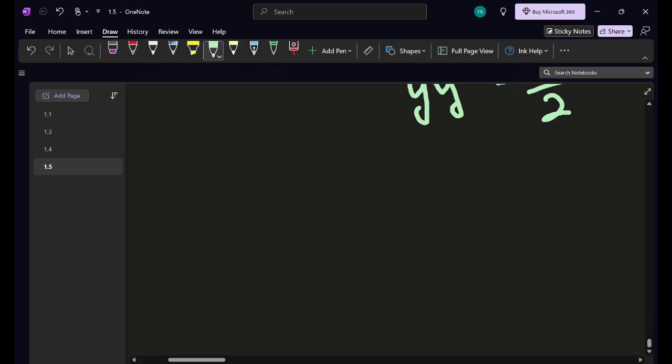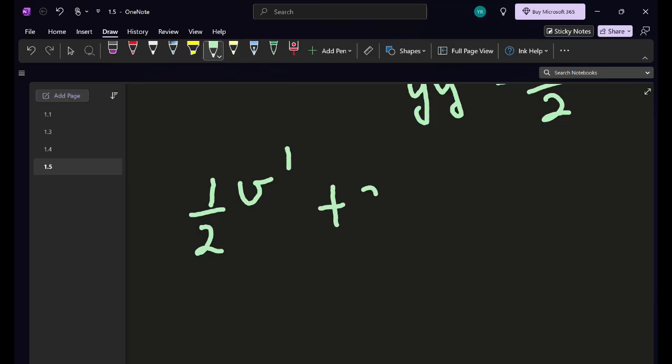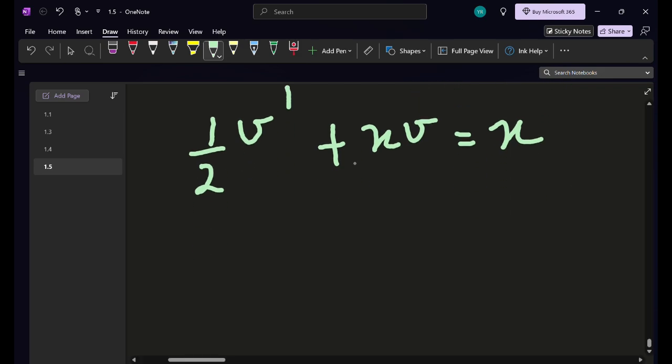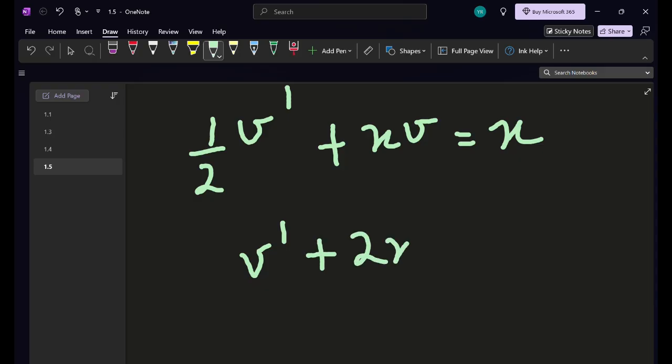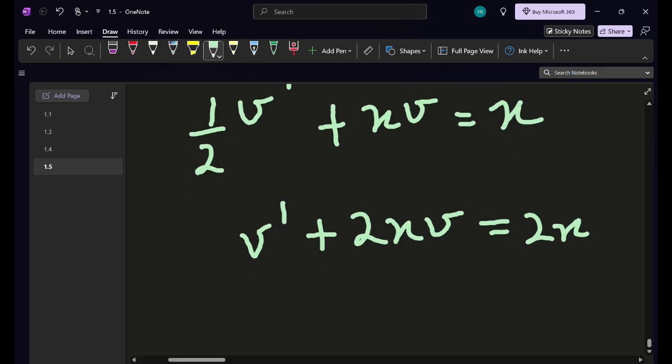Now substituting it in the equation, we get 1 by 2 v dash plus xv is equal to x. Now as you can see, this has turned into a linear equation. Let me just divide the whole term by 1 by 2 so as to make it more solvable. So this will be like this.